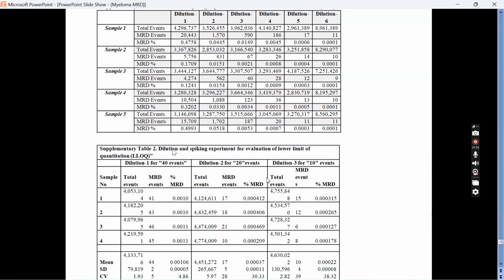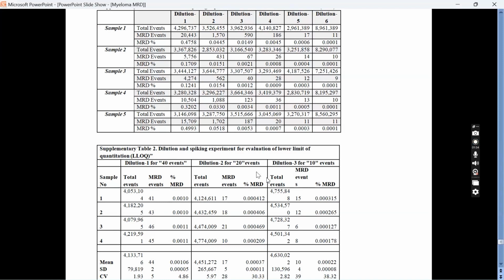Yeah, sure, because it's already published in papers. When you want to go much deeper and prove that your LLOQ can be less than 50, then you need to do all these experiments. If you want to take 50 as your minimum LLOQ, then they may not ask you this, because 50 is a good, confident number, which you can happily use and do the MRD without doing all these exercises.